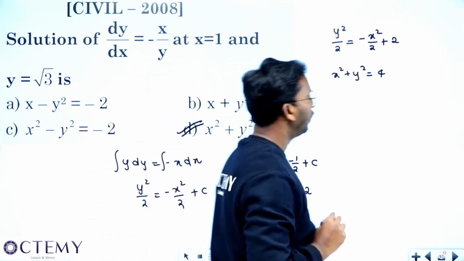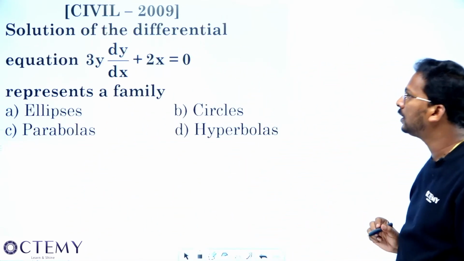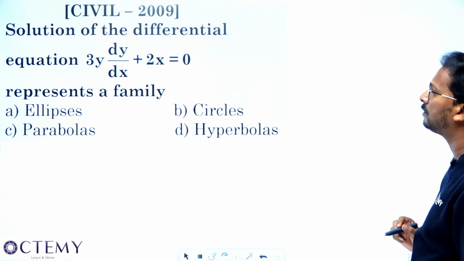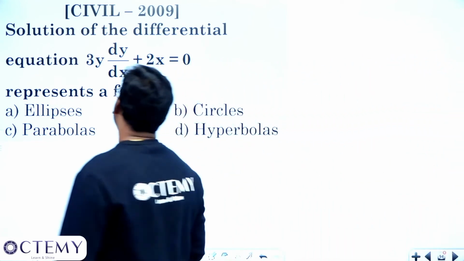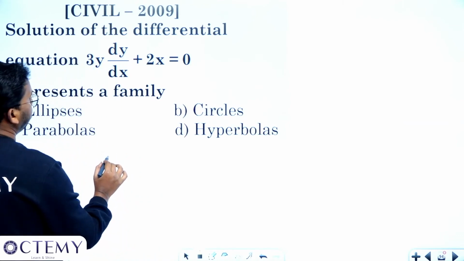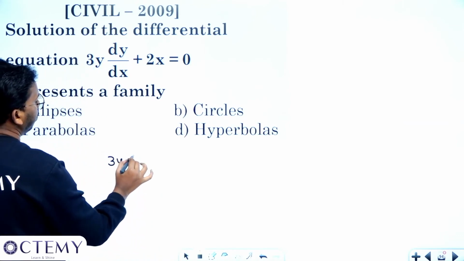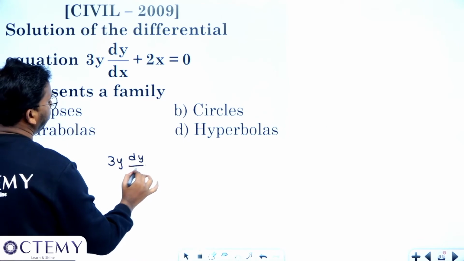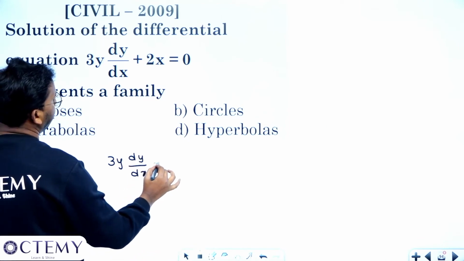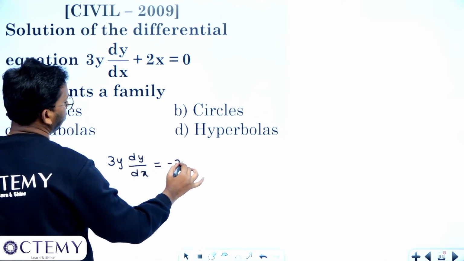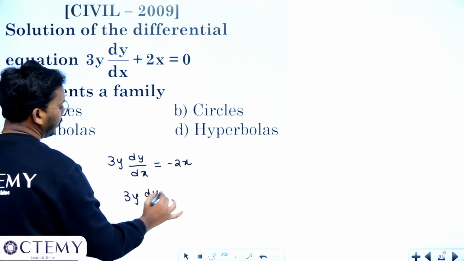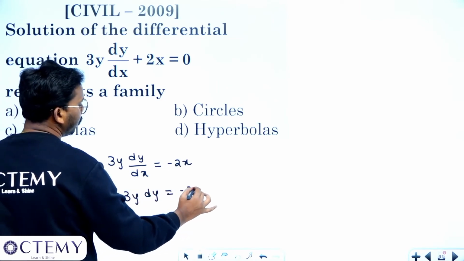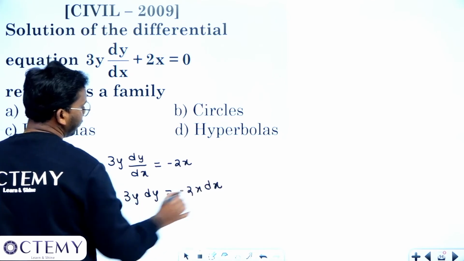Very good. Next question. The next question says the solution of the differential equation represents a family of what? We have to see, 3y dy by dx is equal to minus 2x. So 3y dy is equal to minus 2x dx.